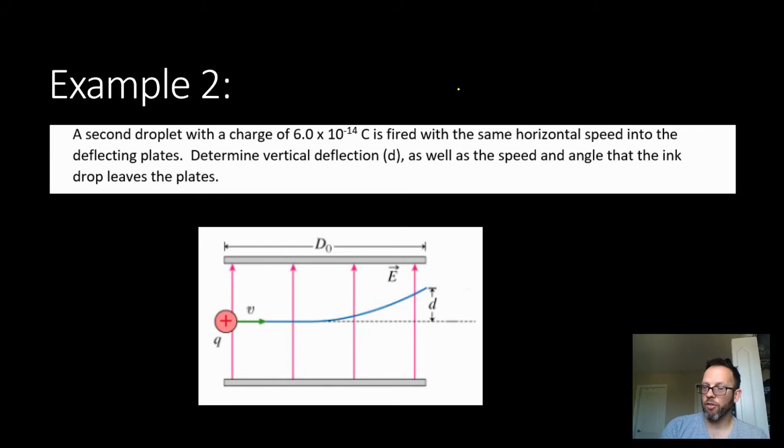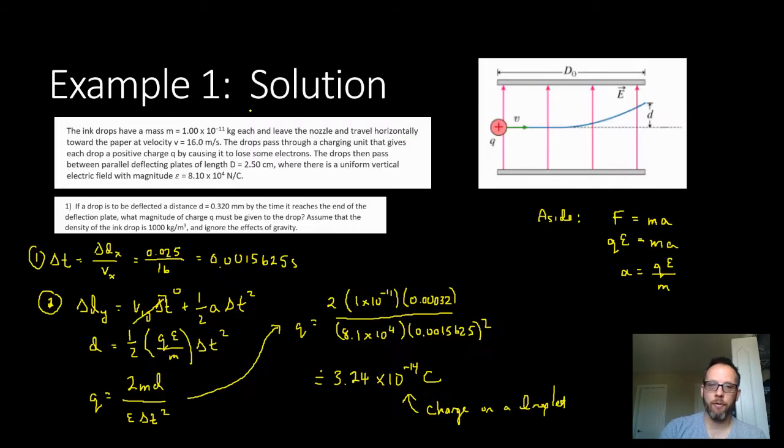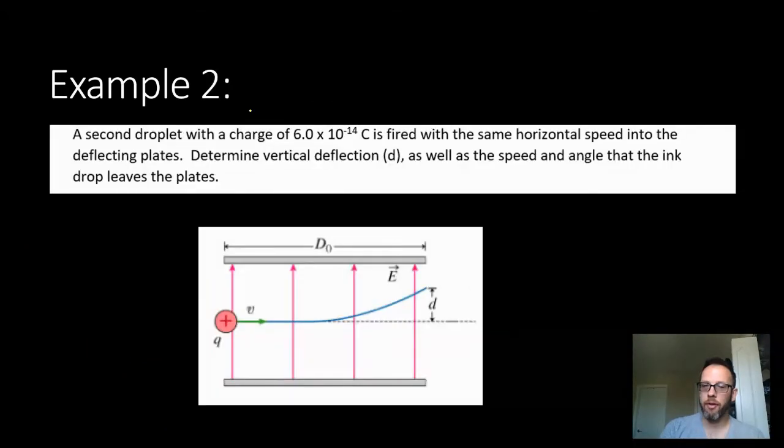I'm going to just do a second type of problem with this. So in this case, we have a second droplet with a certain charge, and it's fired with the same horizontal speed into the plates. And we're going to find the deflection. So now we saw with the charge of 3.24 times 10 to the minus 14 coulombs, it deflected by 0.32 millimeters. What will the deflection be for a bit more of a charge?